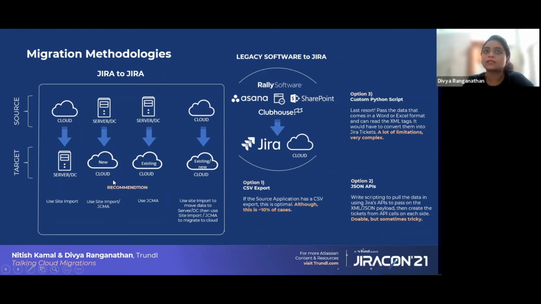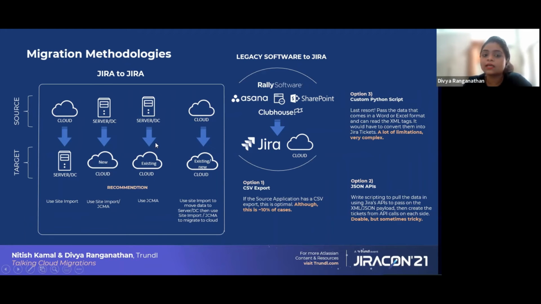And if you wish not to migrate dashboards and filters, or you don't have any preference to migrate them, you can directly go with JCMA. The one disadvantage with JCMA is it will not migrate your dashboards and filters. So if you are not concerned about them, you can directly go with JCMA for this case as well.